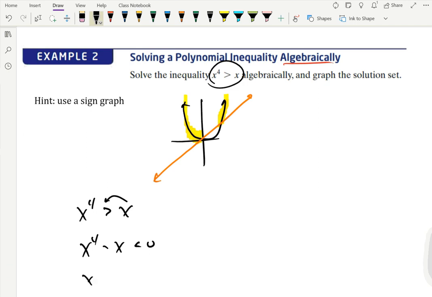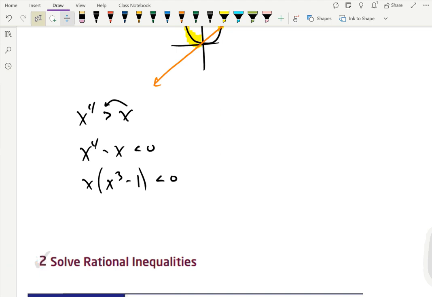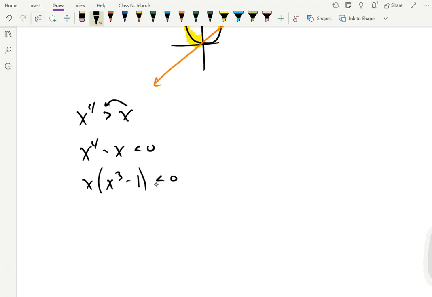Let's factor this. So I've got x times x cubed minus 1 is greater than 0. See, x cubed minus 1 is a difference of cubes. So that's going to be the cube root of each of those, keeping the same sign.